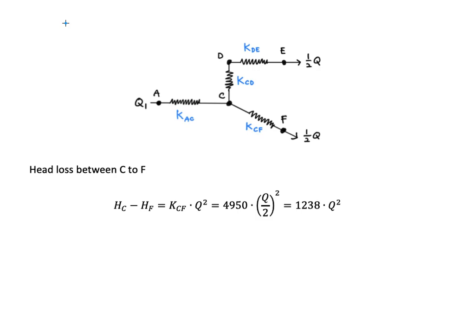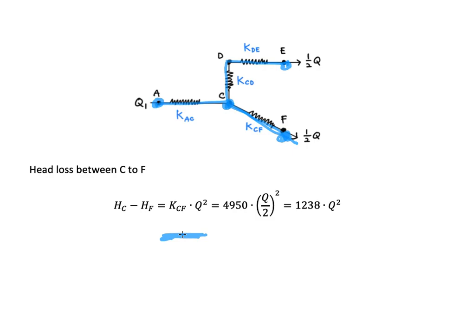Then we could simplify the diagram. Now our pipeline becomes a straight line from point A to point C, and then it splits into two ways. Then we calculate the head loss between C and F. So HC minus HF is equal to KQ square.